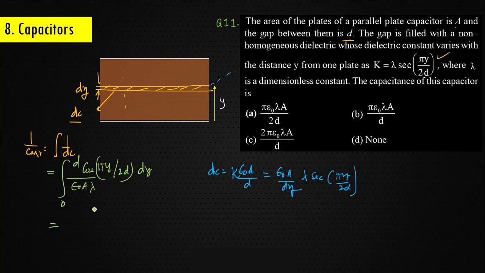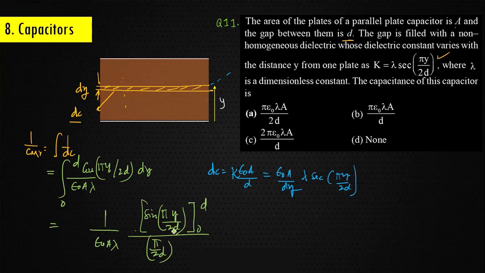So it should be equal to sin of pi y by 2d whole divided by pi by 2d, multiplied by 1 upon epsilon naught A into lambda. Now here I have to put the limit of 0 to d.